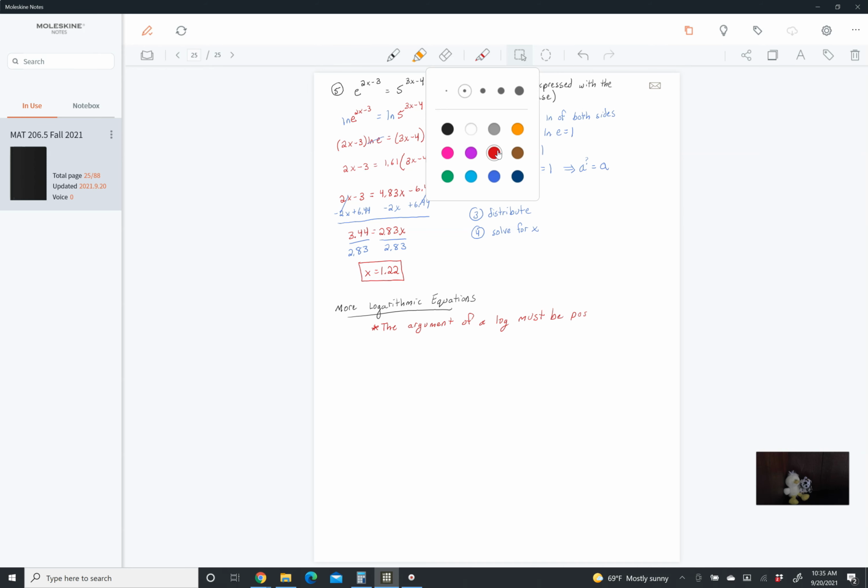And if we think about it in terms of what a log is versus just the graph, there is no number that can be raised to any power to give a negative answer.